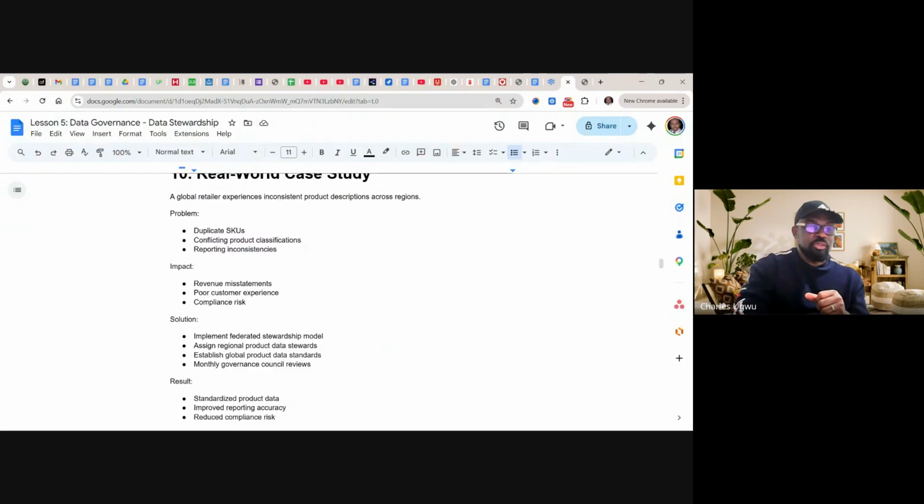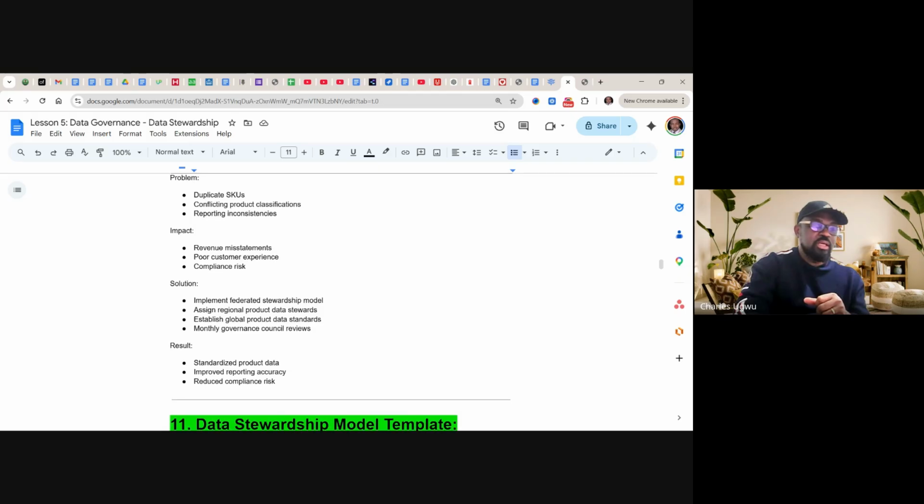That's the solution here. You see the model there, almost looking at everything we've done here. And the result is that they get their data integrity and data quality back on track, standardized product data, improved reporting accuracy, and reduced compliance risk.